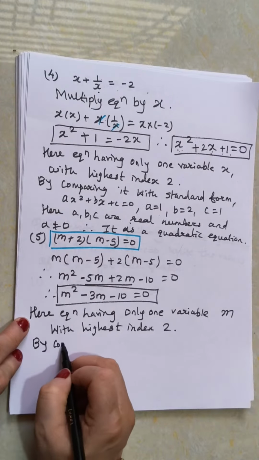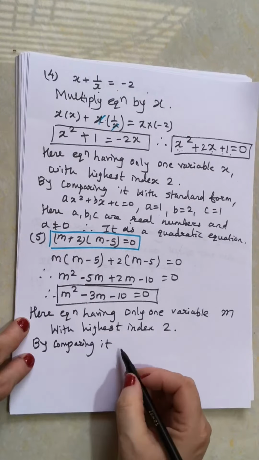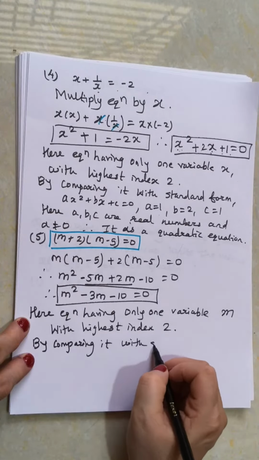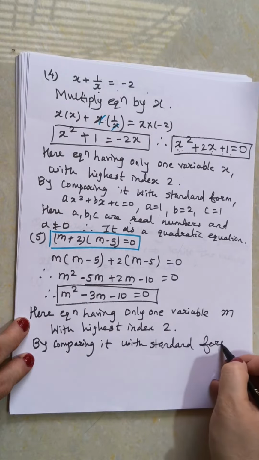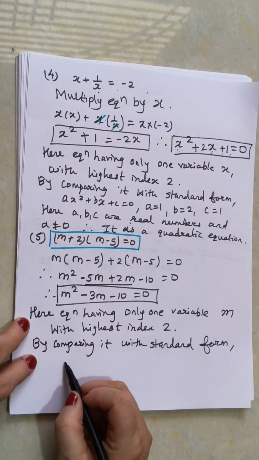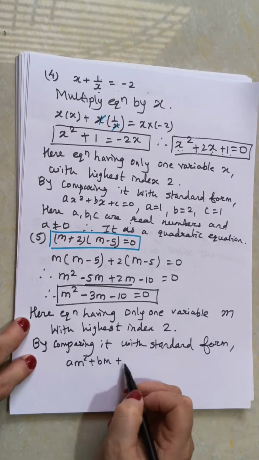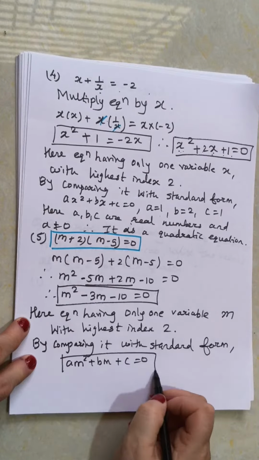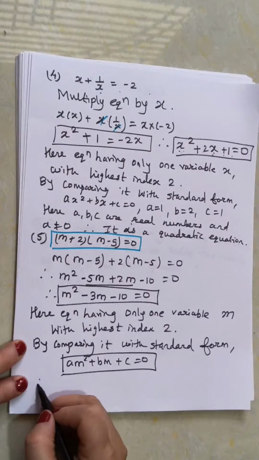By comparing it with standard form, so what is that now in terms of m, right? A m square plus b m plus c is equals to 0. So this is your standard form. So what will be A? A will be 1.